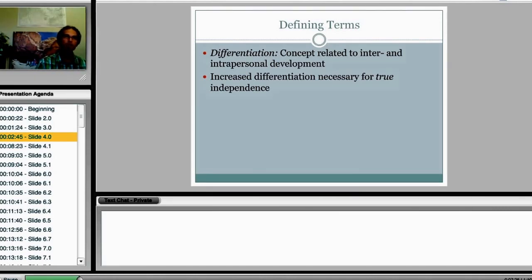And so that's what this whole concept of differentiation began with, some of these early recognitions that there's got to be some way to capture this idea of adolescent development in a way that begins to look more directly at what is necessary for adolescents to separate the way that the mother cell, the family of origin, wants that child to separate at the appropriate time when they have everything they need to be fully functioning.